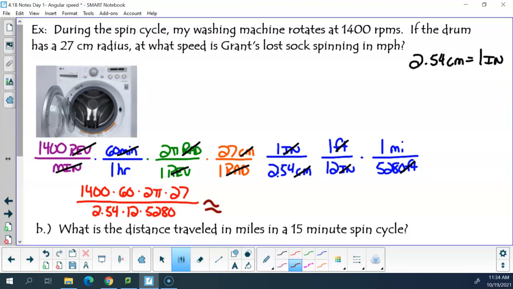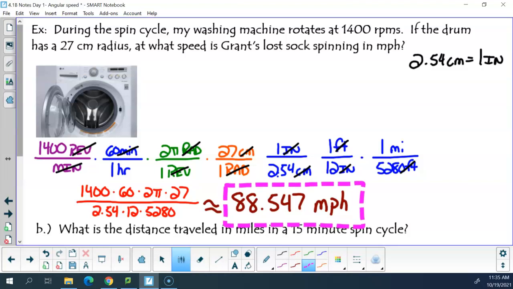And I get approximately 88.547 miles per hour. Okay, so that's the speed that it's traveling at.